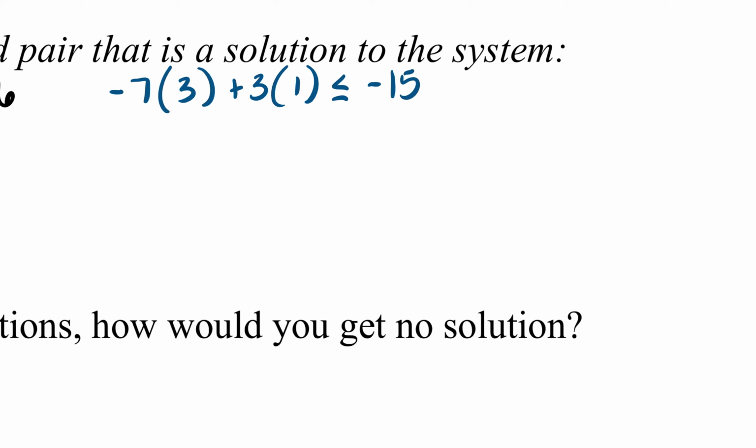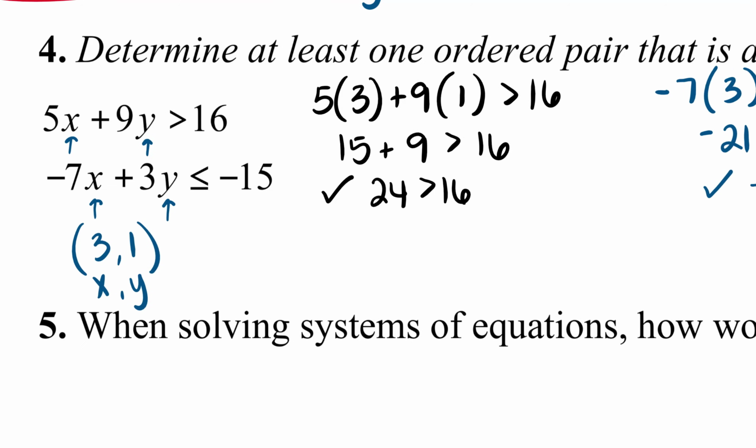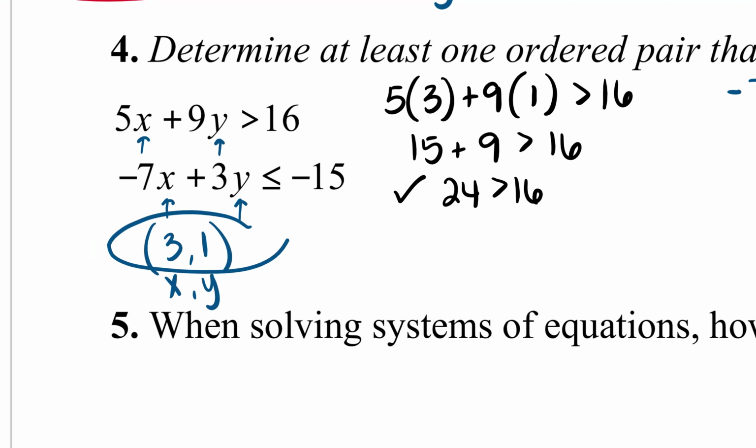Again, I just solve this and see if it's true, yes or no. Negative 7 times 3 is negative 21. 3 times 1 is 3. Negative 21 plus 3 is negative 18. And yes, negative 18 is less than negative 15, so that checks out. So actually, this random pair I came up with happens to work.